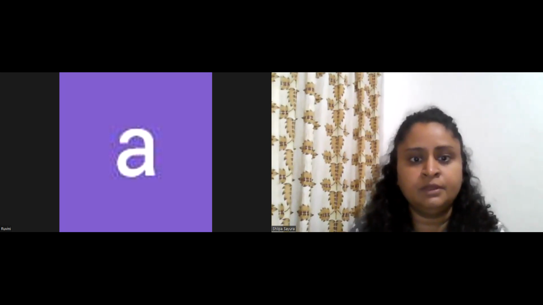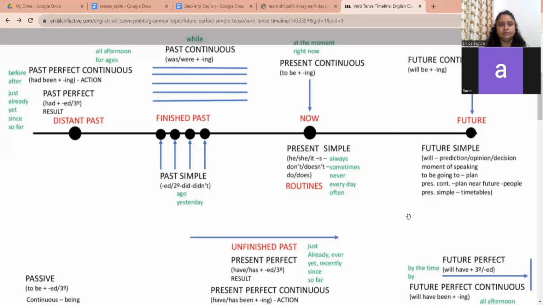So to start with that, let me share my screen with you. So hope you can see it. So if I draw a timeline like this, we call this a timeline. So in this timeline, you can see this is the simple present. Now, present simple.